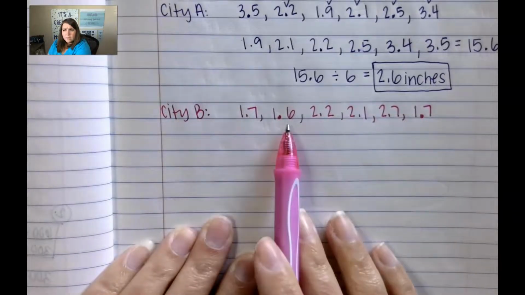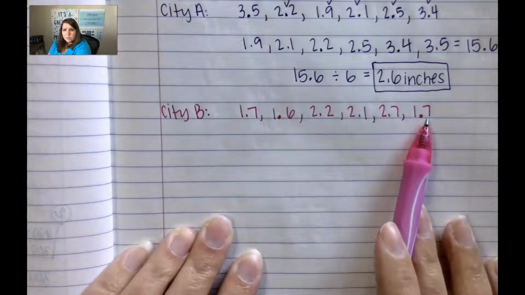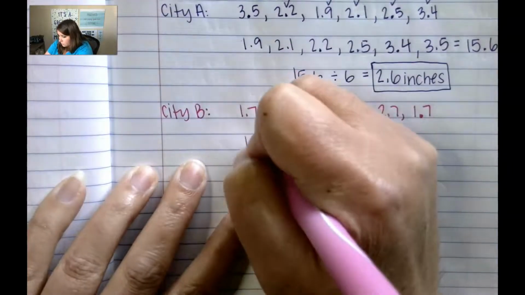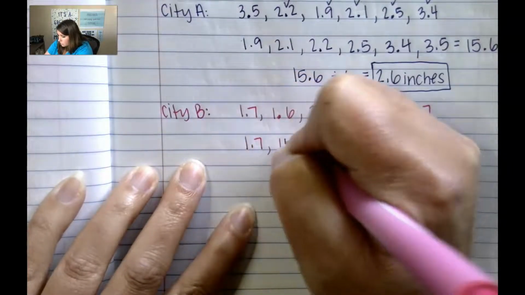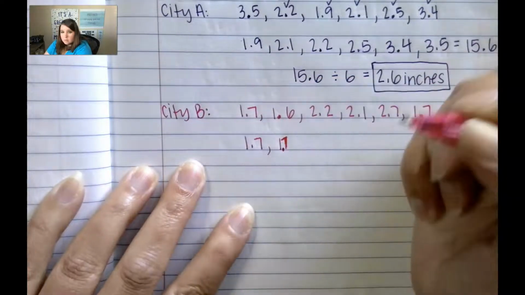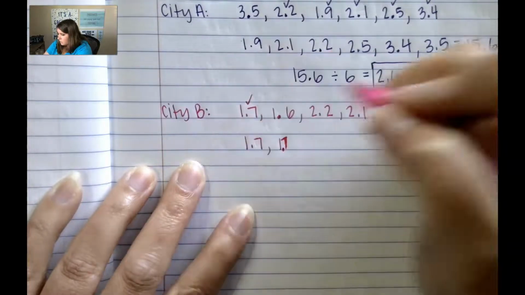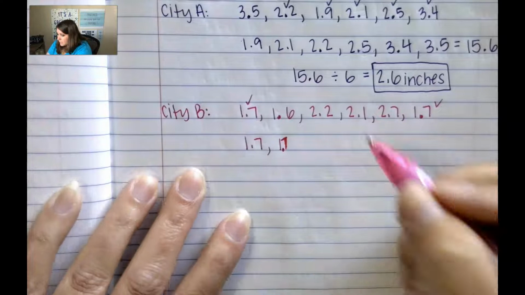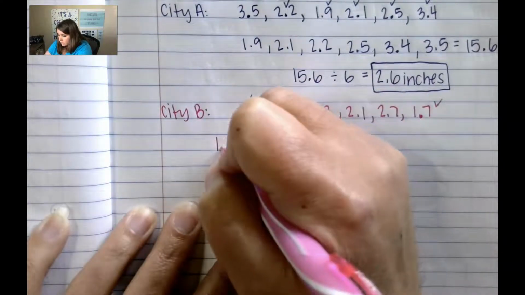We've got a lot of ones here, so let's start with those. And we have two 1.7s, so we're going to put both of those down. 1.7. Sorry, that number looks a little weird. Okay, and then, oh, but I missed 1.6. 1.6 should come first, right?